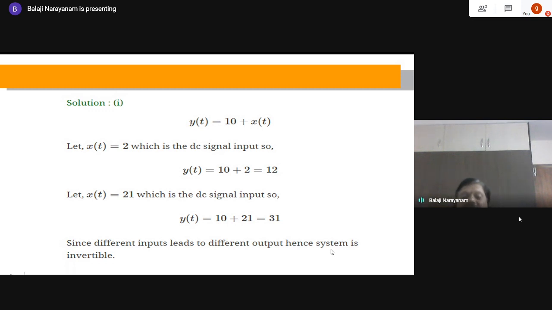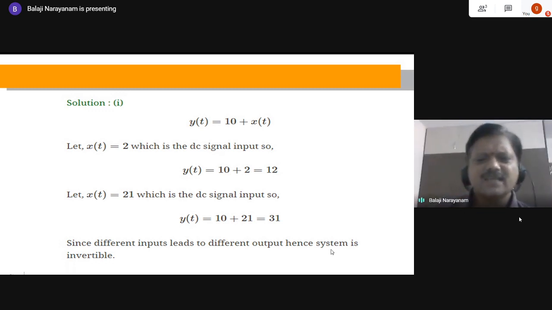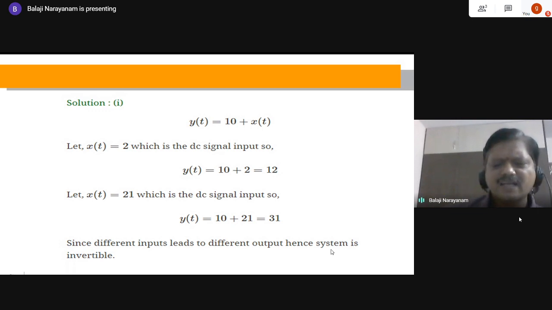When we say non-invertible is, though we apply different input signal values, it is going to result in the same output.